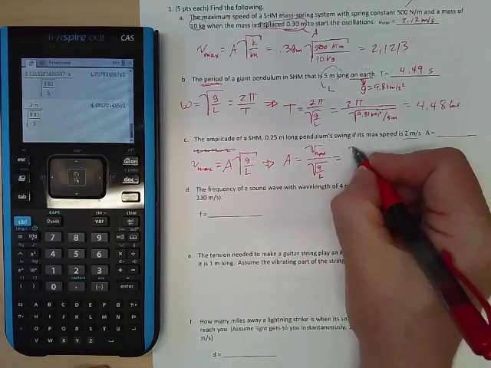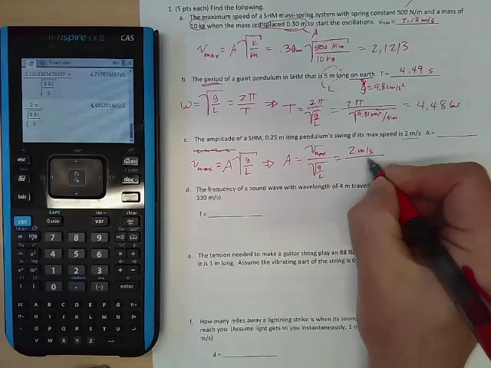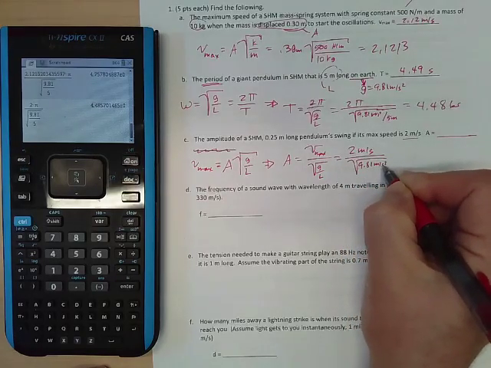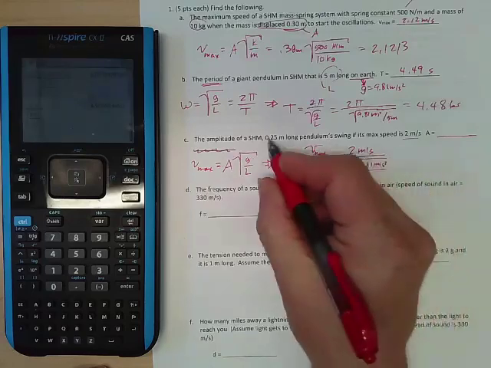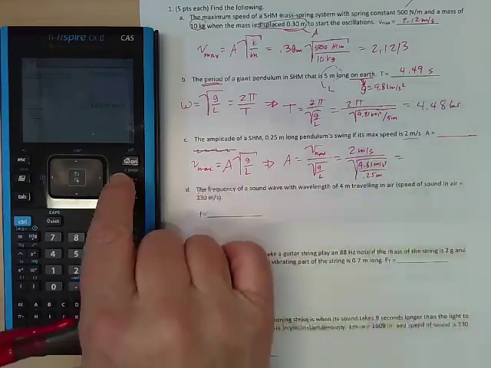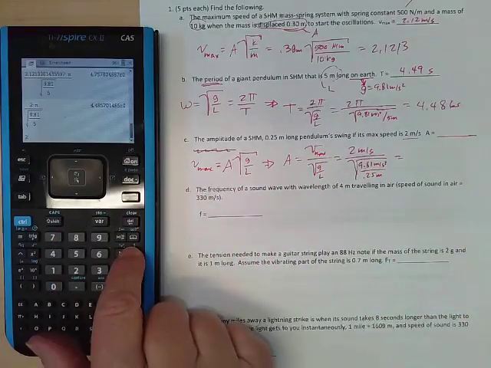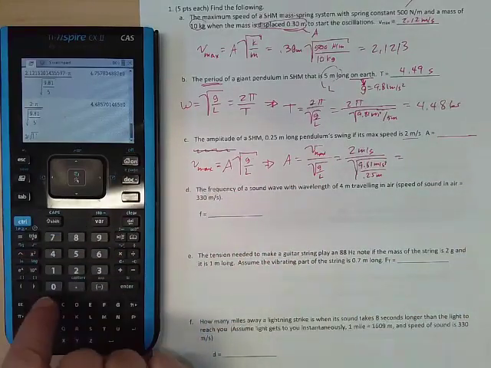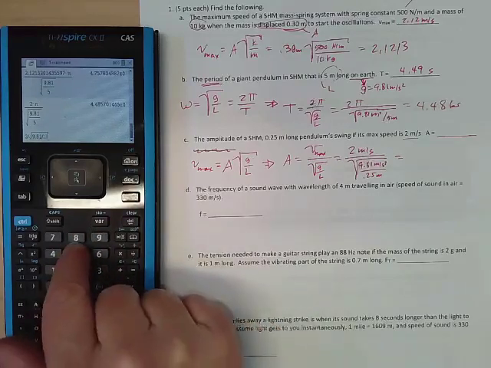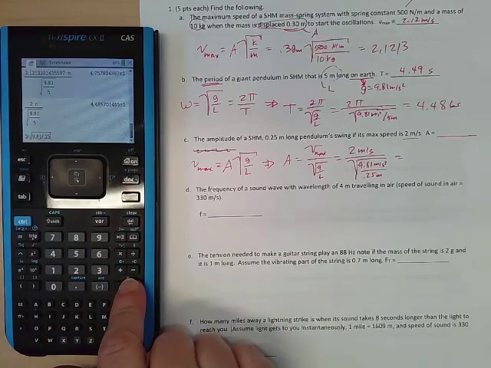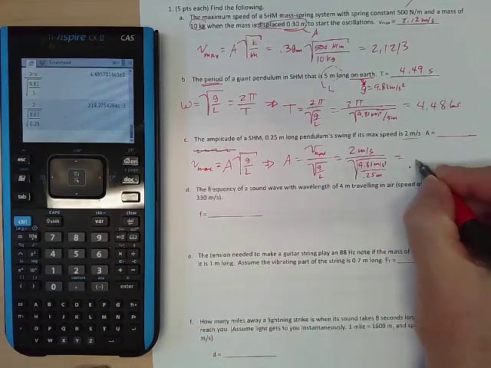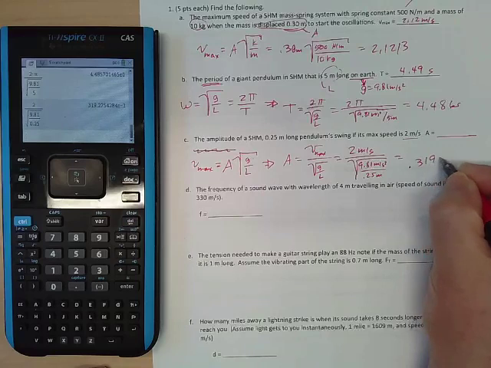and so Vmax is 2 meters per second. G is same old G, and L is 0.25 meters. All right, units look good, so 2 divided by square root 9.81 divided by 0.25. 0.3193.